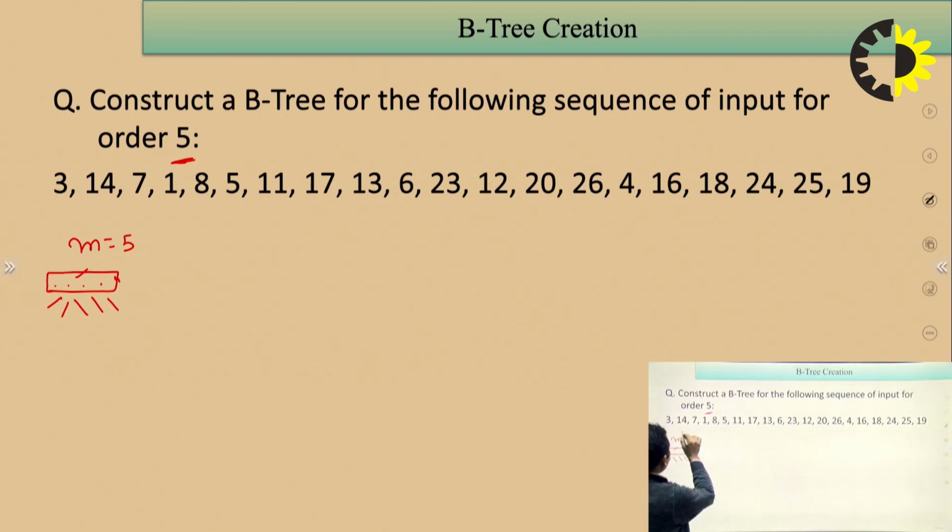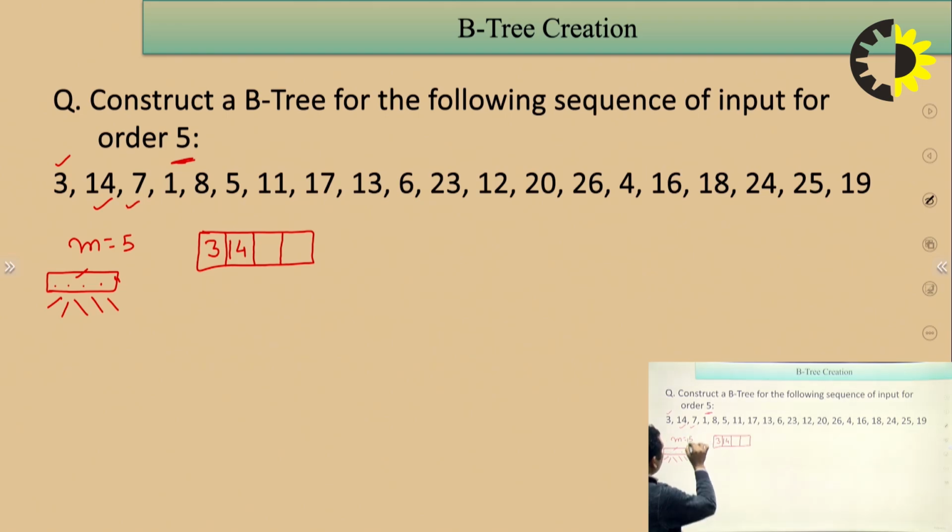First is 3. Initially the B tree is empty. So 3 comes. A particular node can hold a maximum of 4 values, so the holding capacity of a node is 4 maximum. First 3 will come in this order. Now 14 will come here, in ascending order, 3 then 14, otherwise we would need to rearrange.